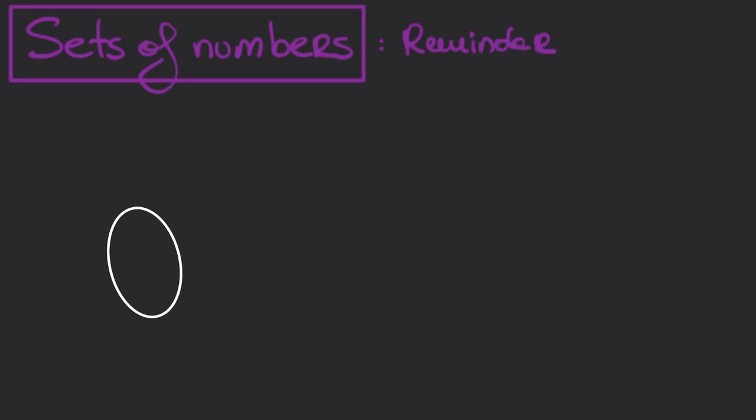For example, I have a little set here, and I will put in it the number 3, a cloud, a heart, and a little smile. This is a set. Here we are only going to talk about sets of numbers, so unfortunately, no smile, no heart, and no cloud. Only numbers.